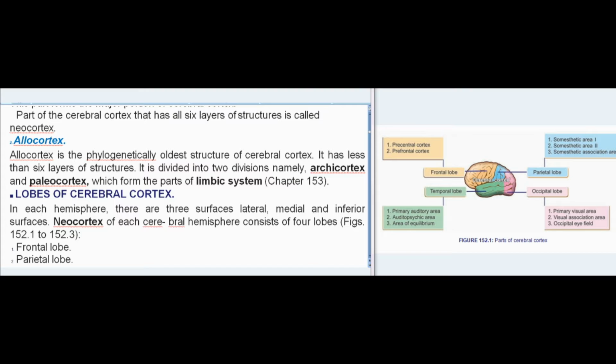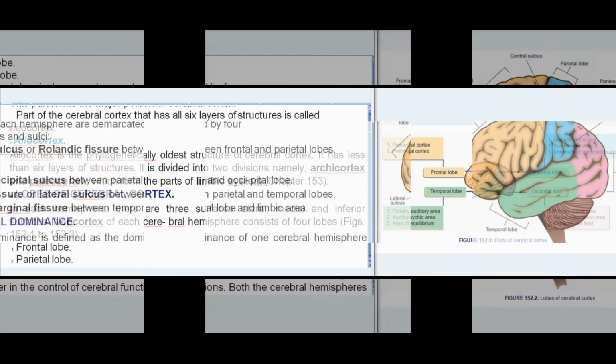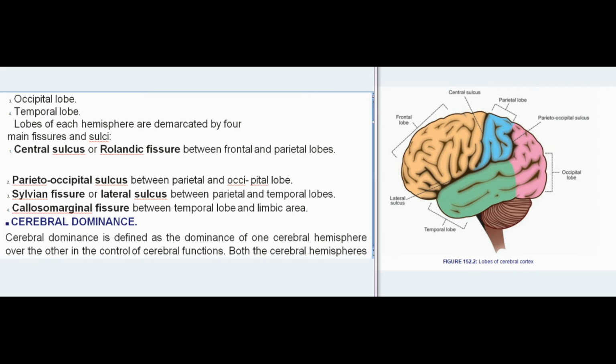Lobes of cerebral cortex. In each hemisphere, there are 3 surfaces: lateral, medial, and inferior surfaces. Neocortex of each cerebral hemisphere consists of 4 lobes, Figs 152.1 to 152.3: frontal lobe, parietal lobe, occipital lobe, temporal lobe.